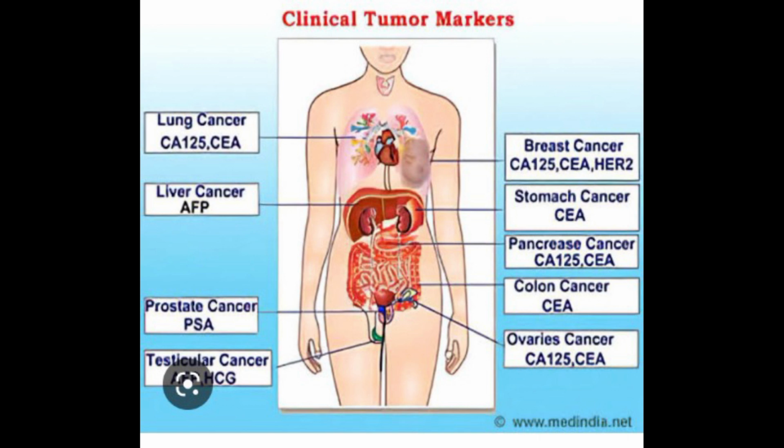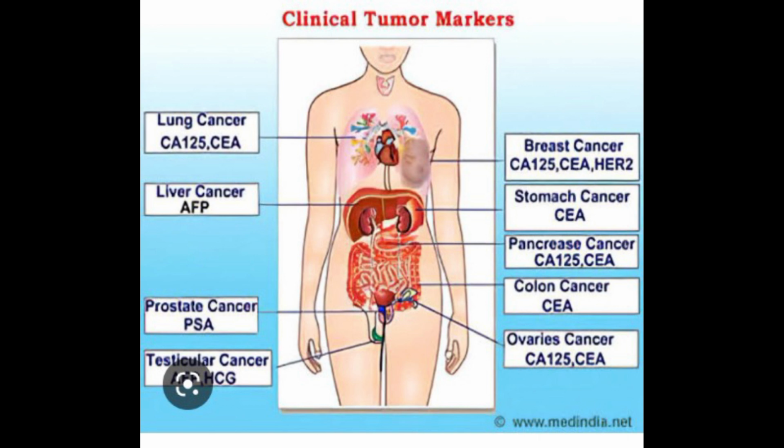Additional association malignancy: endometrial, fallopian tube, breast, lungs, esophageal, gastric, hepatic, and pancreatic cancer. Benign conditions: menstruation, pregnancy, fibroids, ovarian cyst, pelvic inflammation, cirrhosis, pleural and pericardial effusion, endometriosis.